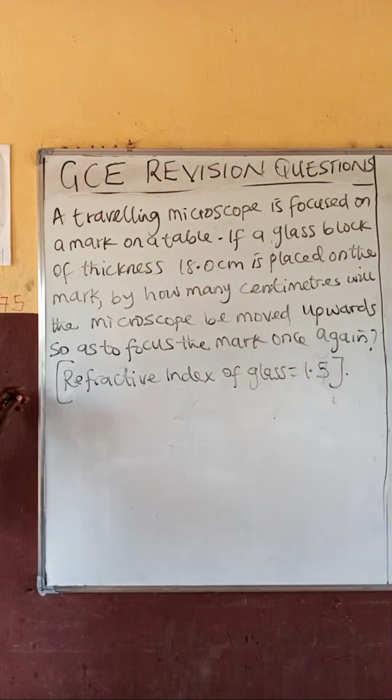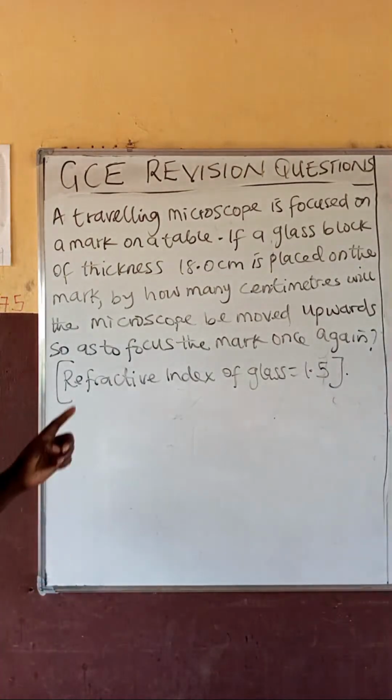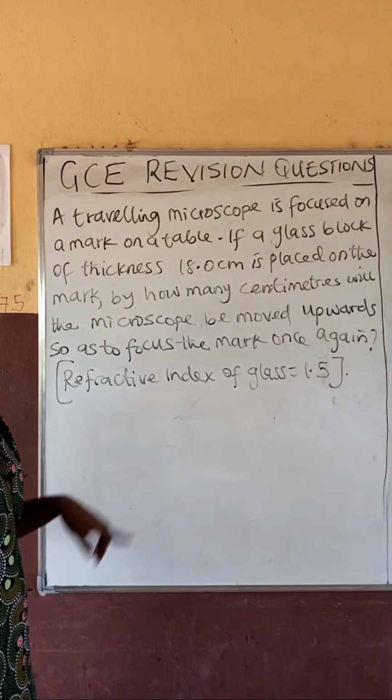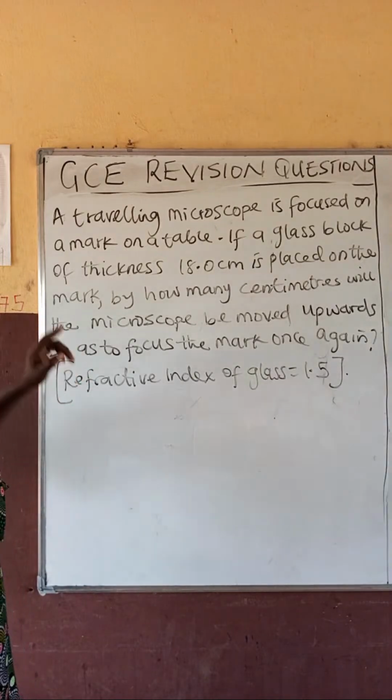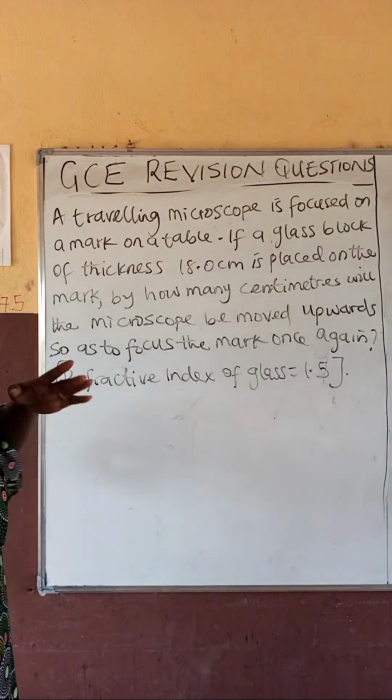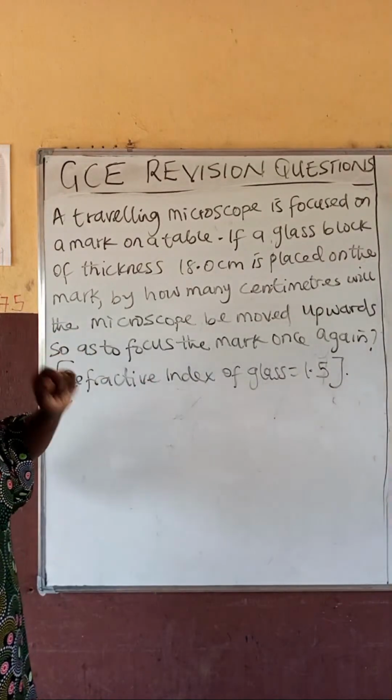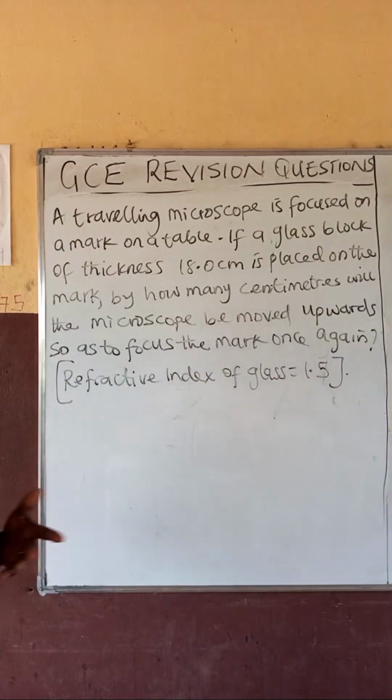A traveling microscope is focused on a mark on a table. If a glass block of thickness 18.0 centimeter is placed on the mark, by how many centimeters will the microscope be moved upwards so as to focus the mark once again? Let me go again.